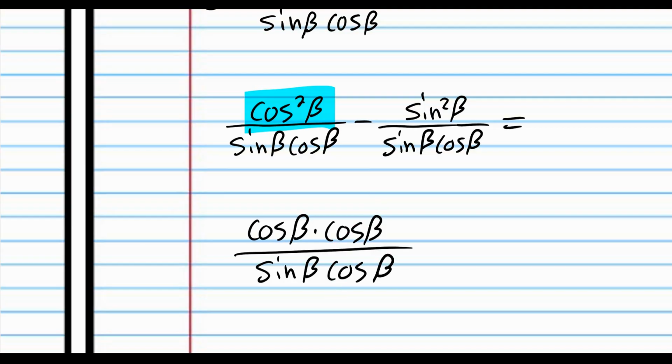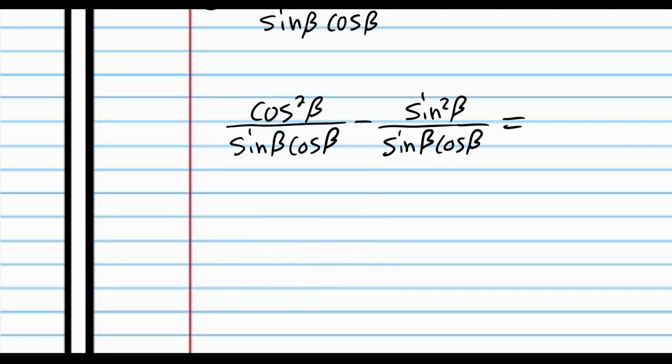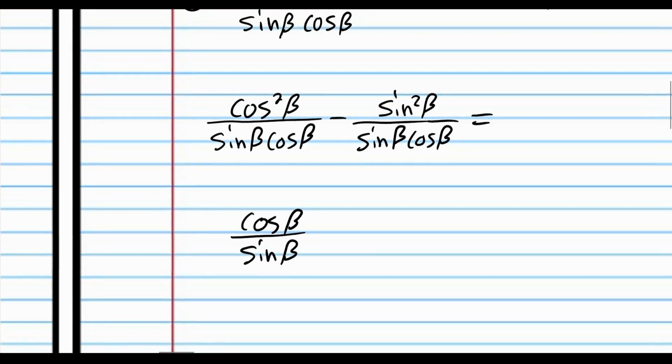Now, you don't have to show that step, but if it helps you to understand, you can do that. So cosine squared beta over cosine beta is just cosine beta. There's more cosines in the numerator, so that's why the leftover cosine is in the numerator.